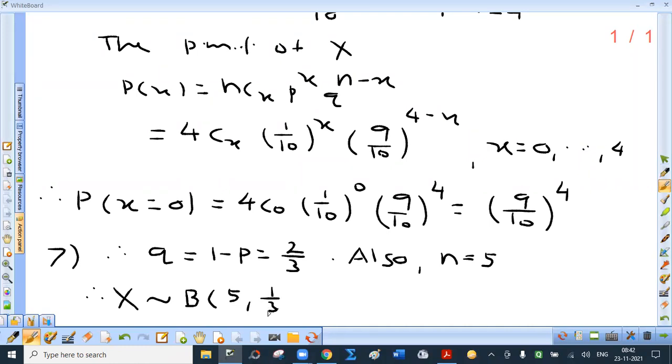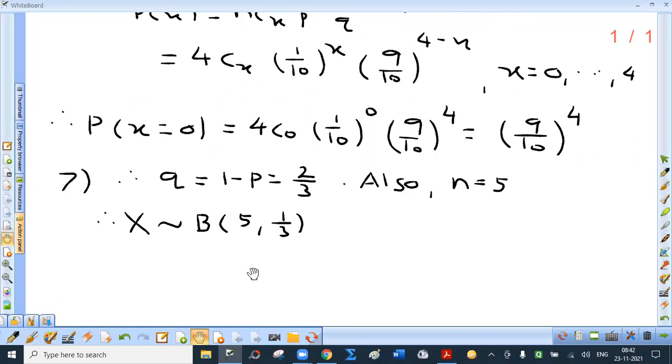You have to write this in the last solution. We should have written this. You can make that addition. So capital X is a random variable which follows binomial distribution with these parameters.